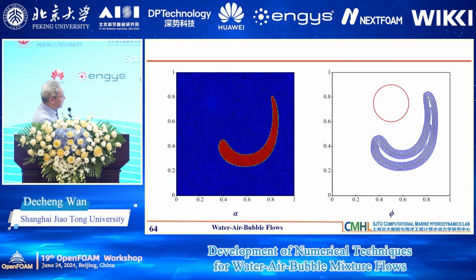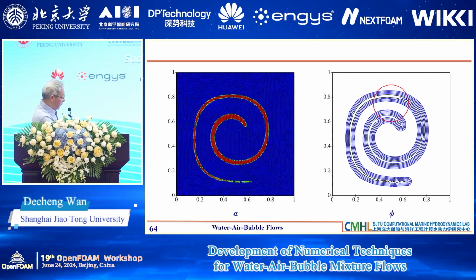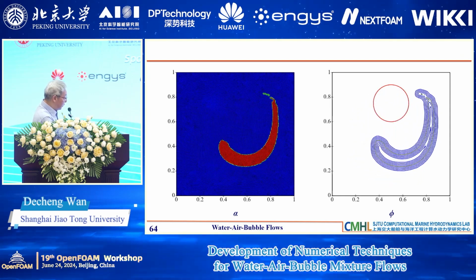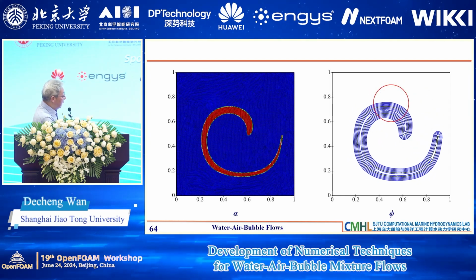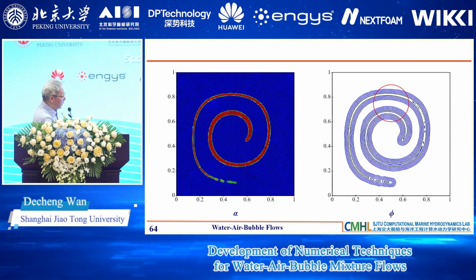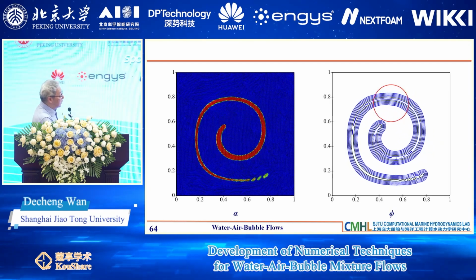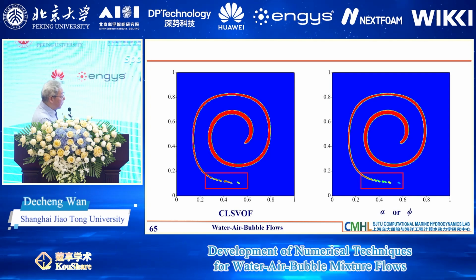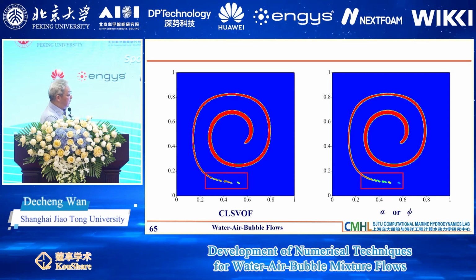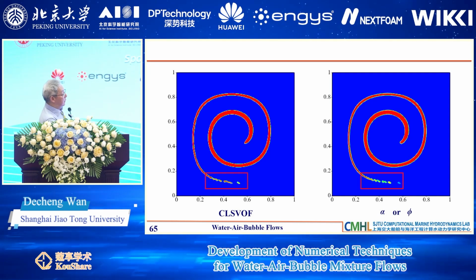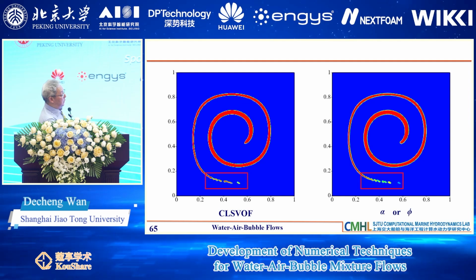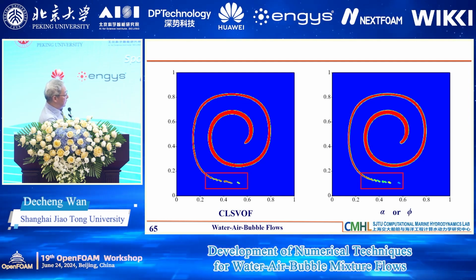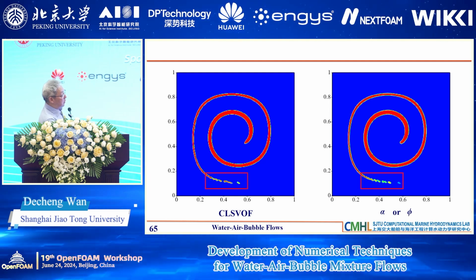So then you can see, if we use the VOF here, this is a level set, we can keep a good result, right? No problem. But we can compare in detail. You see, VOF or phi, you can see the dissipation at the final stage. You can see that it's not so clear, right?